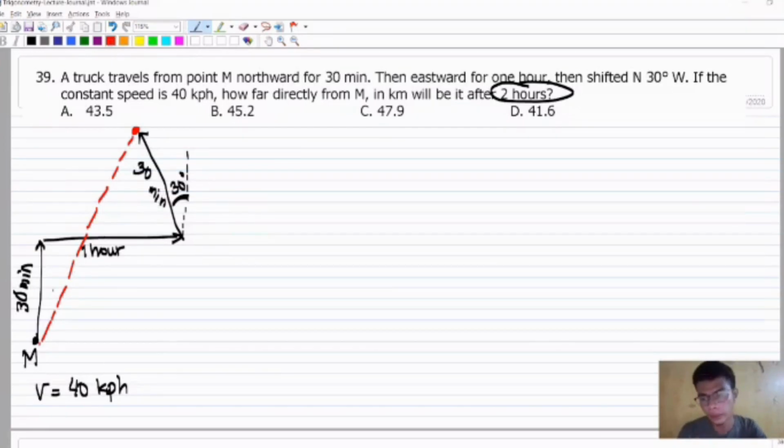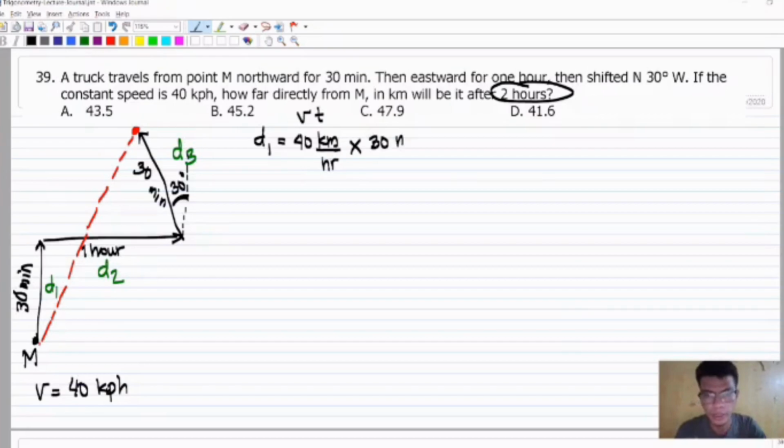Let us consider this one as vector number 1, d1, distance 1. Ito naman is distance 2, and then yung isa naman ay distance 3. So, solve muna natin yung tatlong distances. Yung distance 1, sinosolve muna natin ay yung mga magnitude. Yung distance 1 with the general formula, speed times time. The speed is constant, 40 kilometers per hour times yung time, which is 30 minutes.